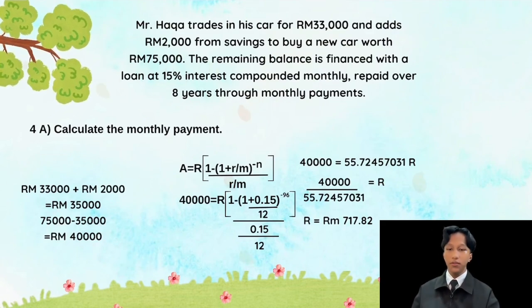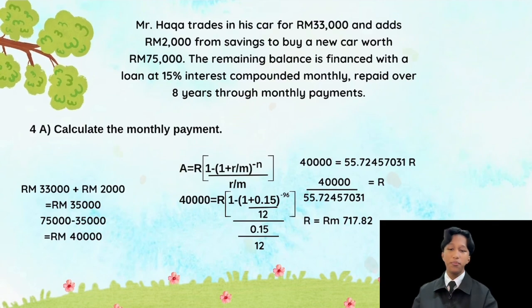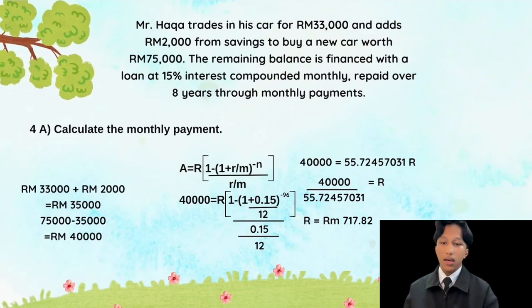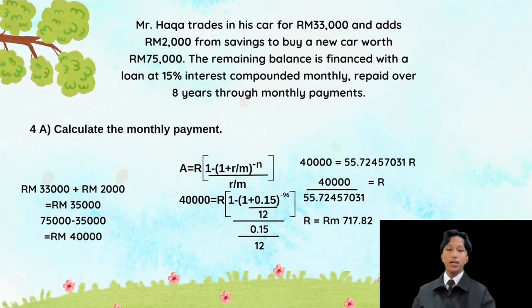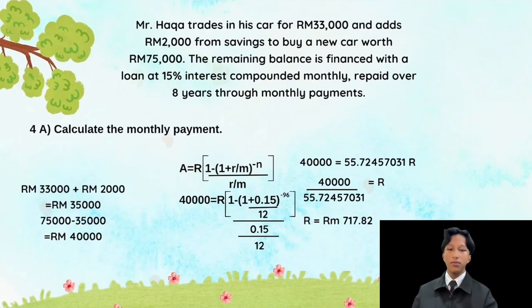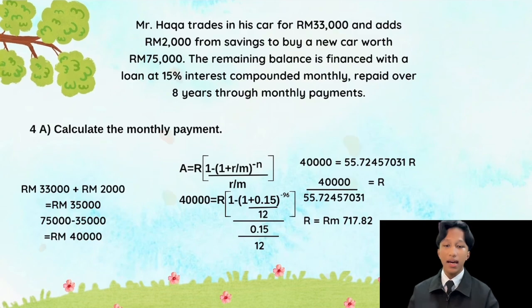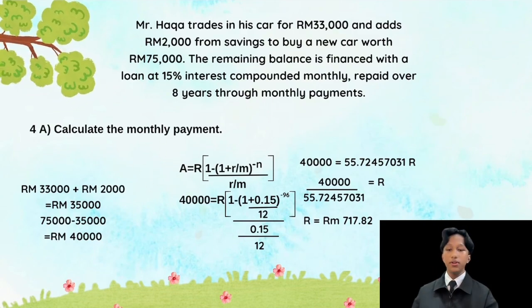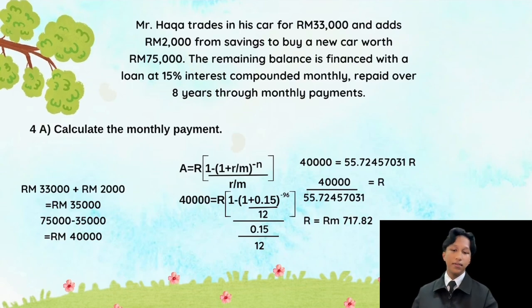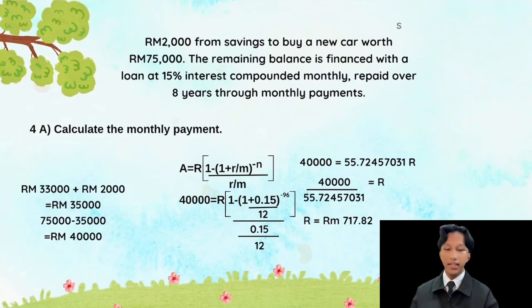So in this question, we can use the formula of present value, which is A equals R(1 - (1 + i)^-n)/i. And the answer will be 717 ringgit and 82 cents.